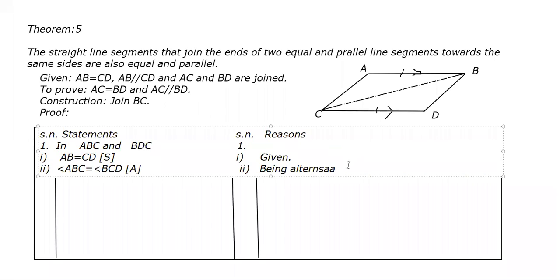Okay, AB and CD are equal because it is given. Angle B and angle C are equal because alternate angles.